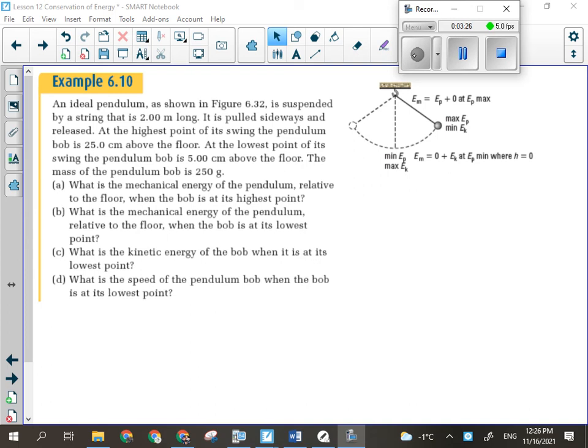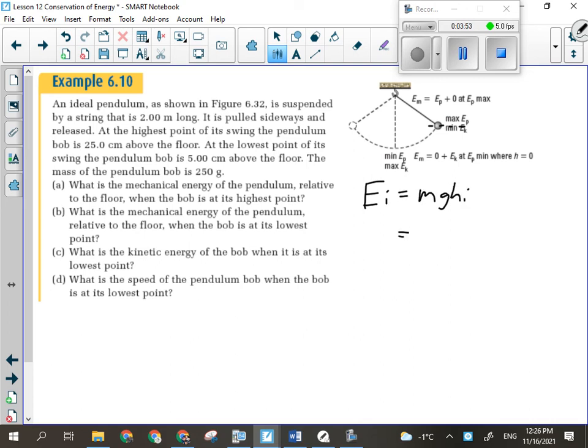So if I want to calculate the mechanical energy right here, we just said that's where there's no kinetic. There's no kinetic there because at that point the pendulum bob is not moving. That's where it instantaneously changes direction from moving upward to moving downward. So we have only potential energy there. Our initial mechanical energy is just m times g times h initial.